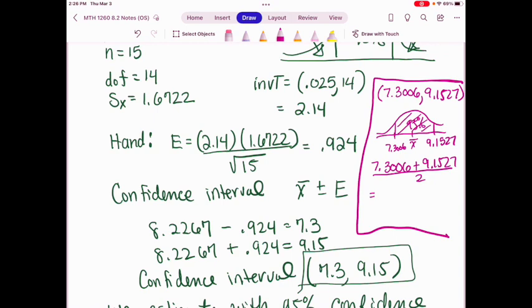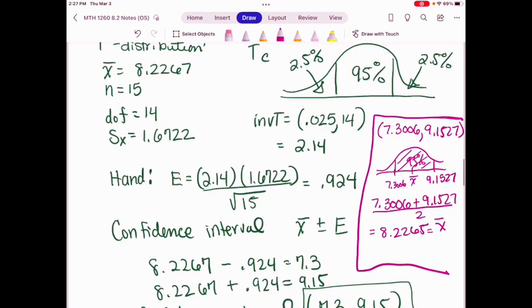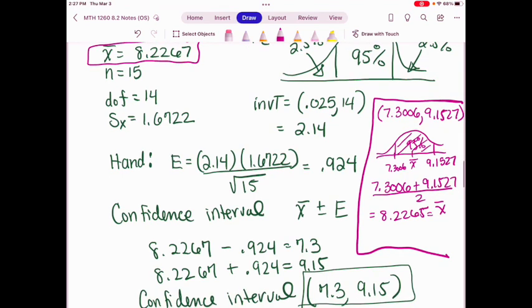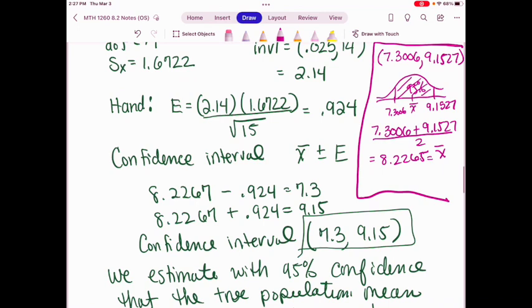So using these values, I get that my x bar is 8.2265. Now it's slightly different than what we got when we did the one variable stats to get that x bar, but it's pretty darn close. It's just due to rounding. And then once we get the x bar, I can figure out what the error is, because the difference between the x bar and either of the endpoints, that distance between them is my error.